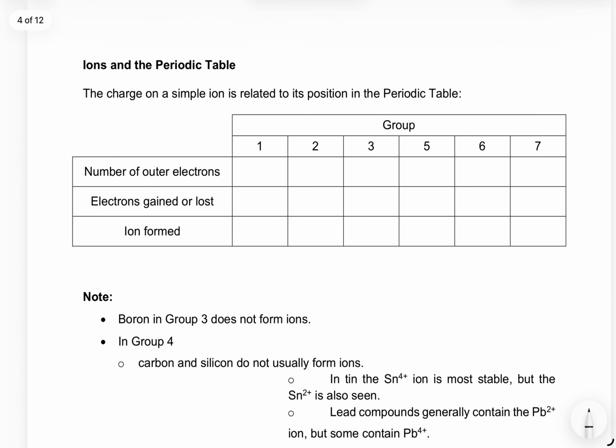Well, if we're in group 1, we have 1 outer shell electron, 2 for group 2, 3 for group 3, 5, 6, 7, etc. Then if we're in group 1, we would lose 1 electron. If we're in group 2, we would lose 2. If we're in group 3, we would lose 3.